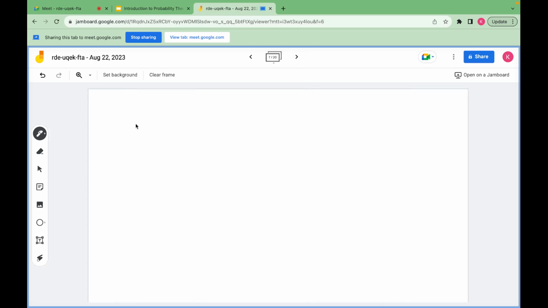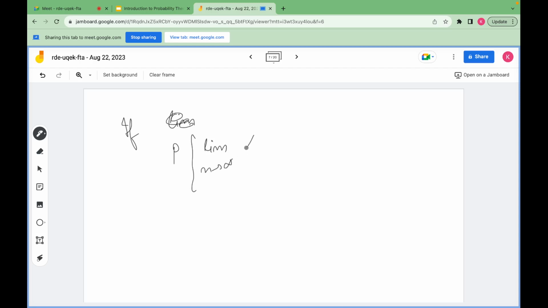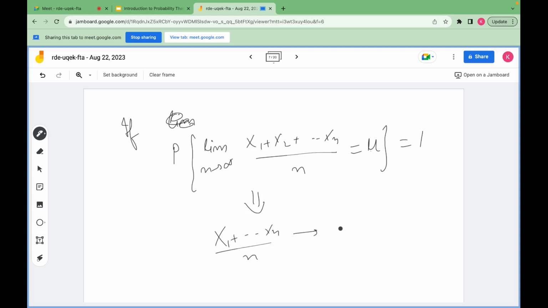and if the probability that the limit n tends to infinity of X1 plus X2 plus Xn divided by n is equal to mu is equal to 1, that it is not almost equal to mu, it will be exactly equal to mu, and the probability is 1, then we can say this X1 plus Xn converges almost surely.